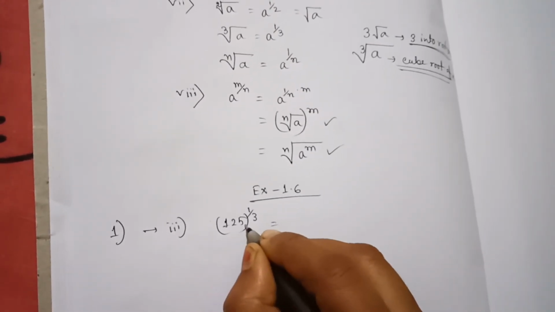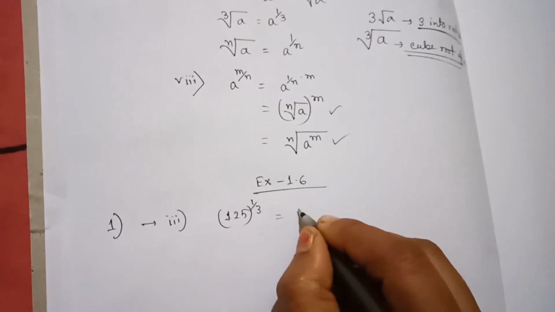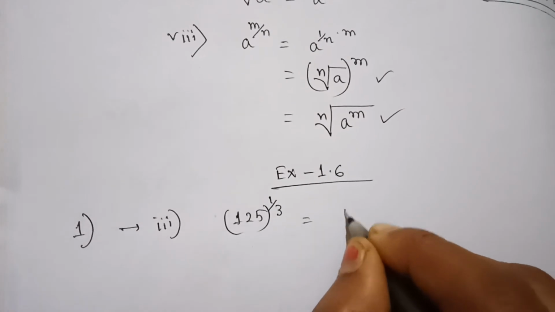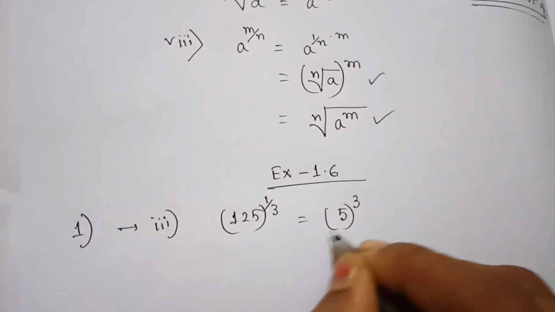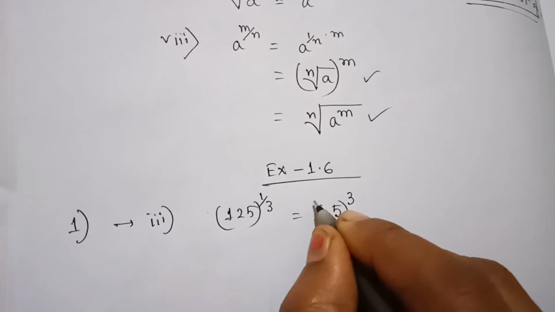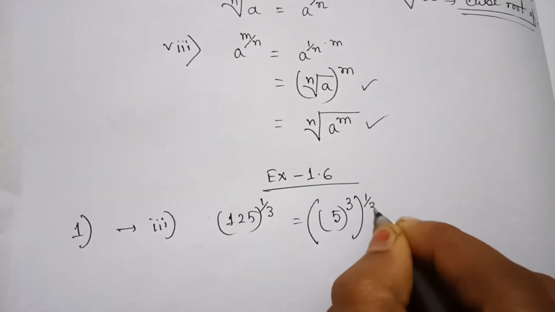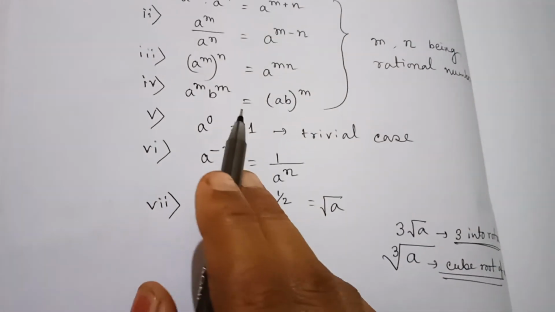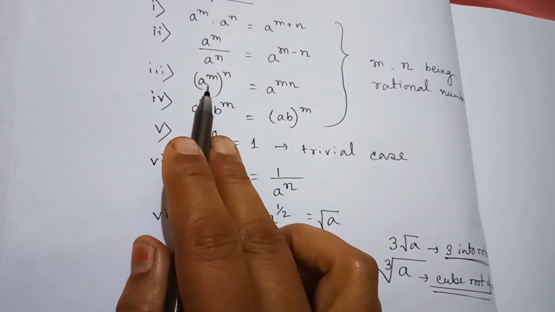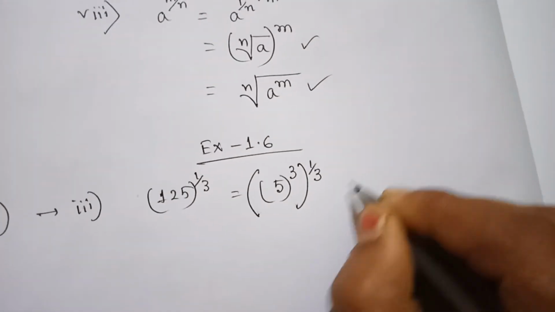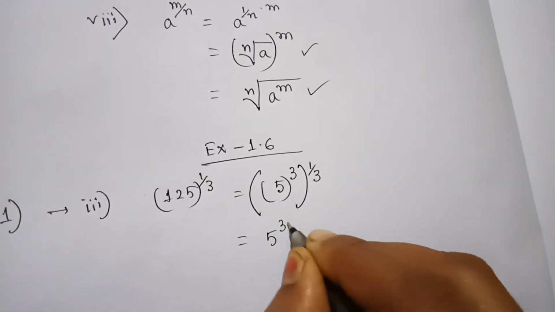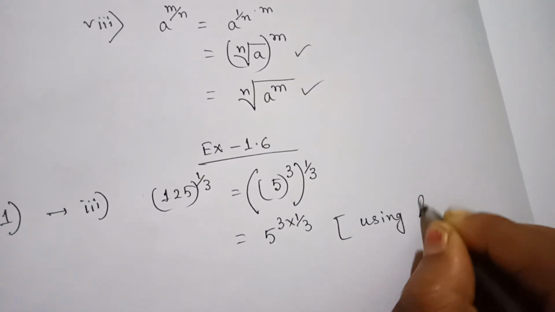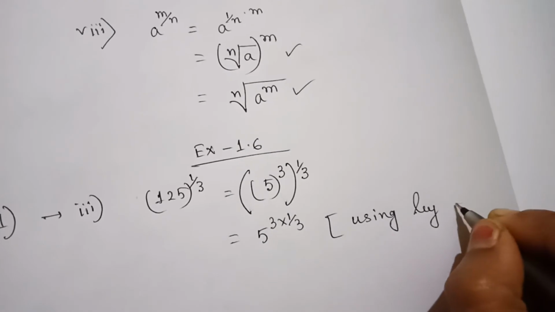So 125 to the power 1 by 3. 125 is 5 to the power 3, 5 into 5 into 5 is 125, whole to the power 1 by 3. Now, which formula will we use? We will simply use formula number 3, so 3 into 1 by 3.